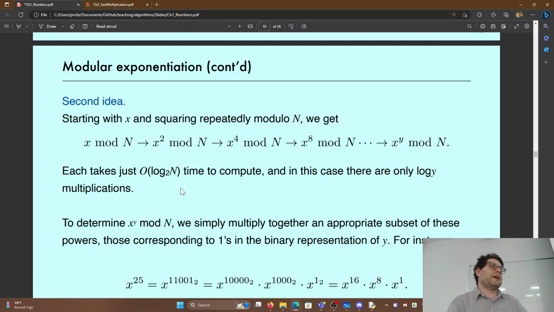Rather than multiplying, which increases the exponent by 1, we keep squaring, which keeps doubling the exponent, until we reach a point where we can't double it because we'd exceed that value. But it says it takes log base 2 n time to compute, which, citation needed on that. Each takes log squared.